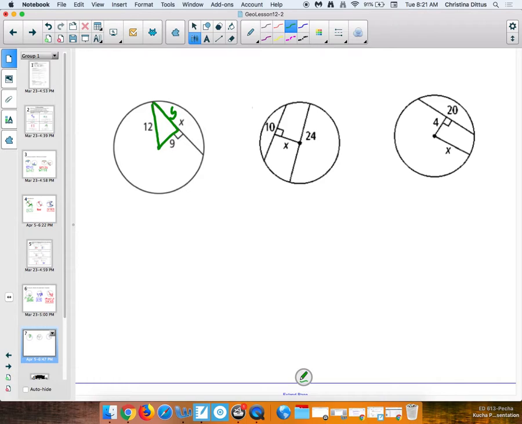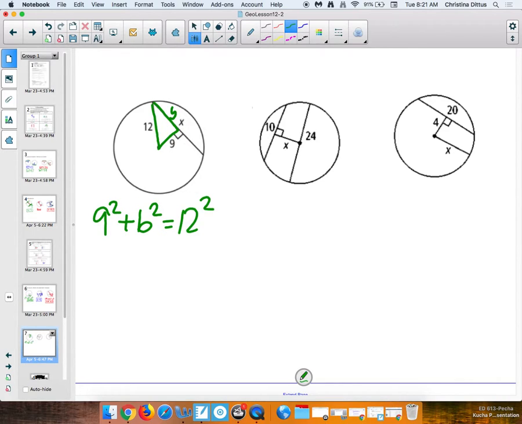Okay, so set up my Pythagorean theorem. Sorry. I'm gonna set up my Pythagorean theorem. Nobody? 9 squared plus y squared equals 12 squared.